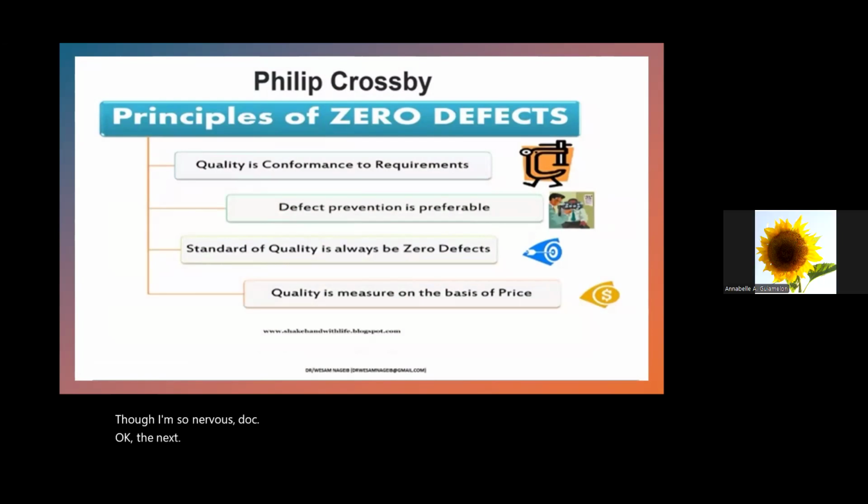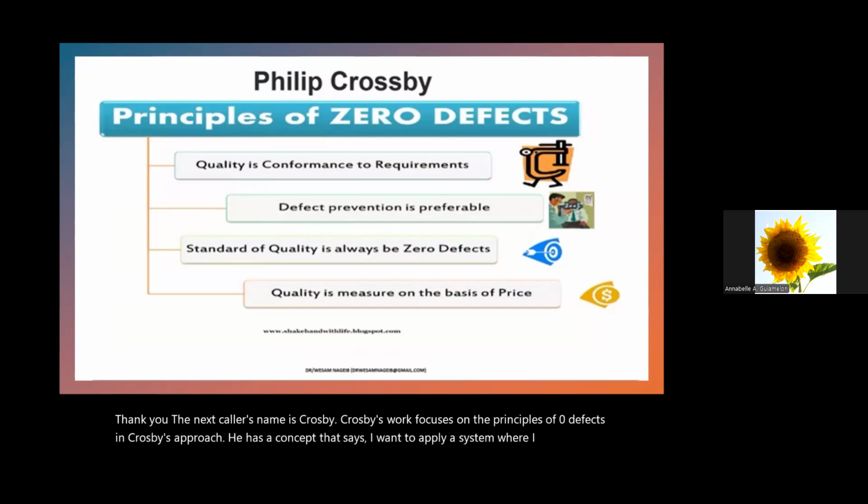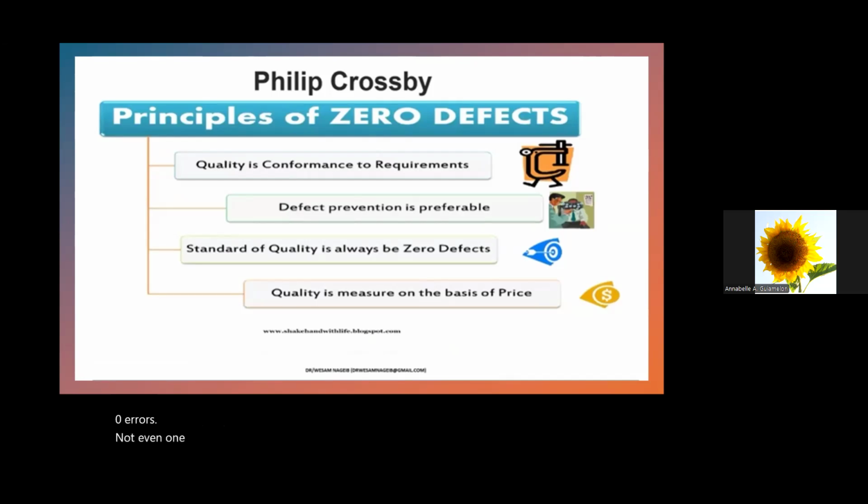Thank you. The next scholar's name is Crosby. Crosby's work focuses on the principles of zero defects. In Crosby's approach, he has a concept that says, I want to apply a system where I have zero errors, not even one mistake. He defined the response to the requirements or the specifications that I set for producing a product.